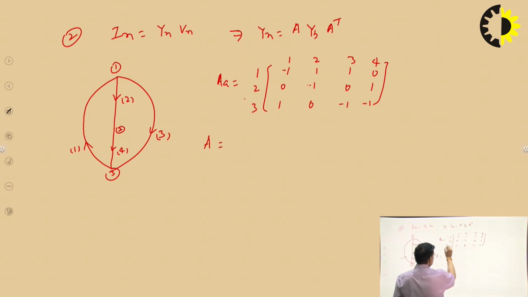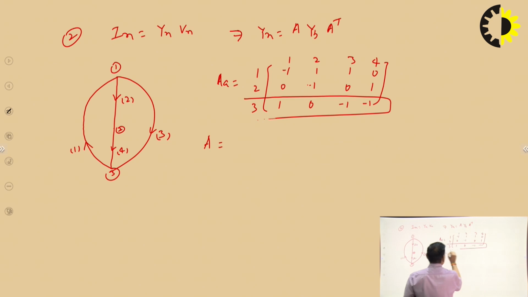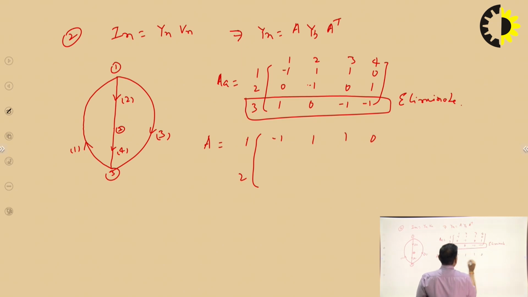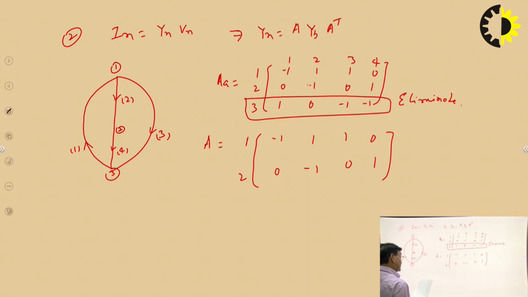Now take the A matrix. A matrix means eliminate this row. So A is minus 1, 1, 1, 0, then 0, minus 1, 0, 1. Okay. So A matrix minus 1, 1, 1, 0, 0, minus 1, 0, 1.